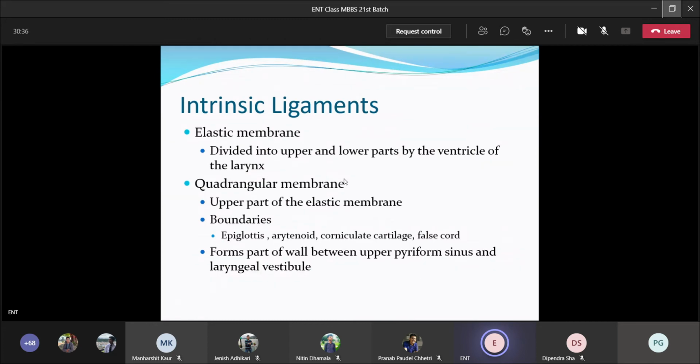So these are the elastic membrane and quadrangular membrane, which are intrinsic ligaments, and the boundaries of the quadrangular membrane are the epiglottis, arytenoid, corniculate cartilage, and false cord.